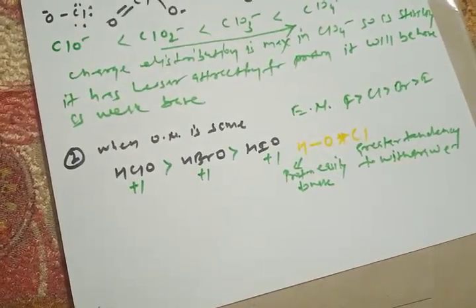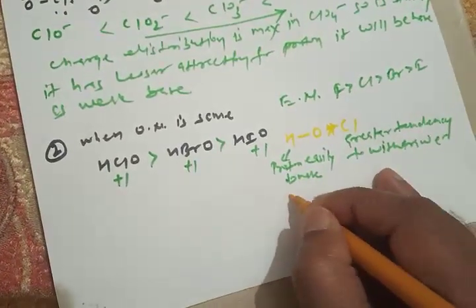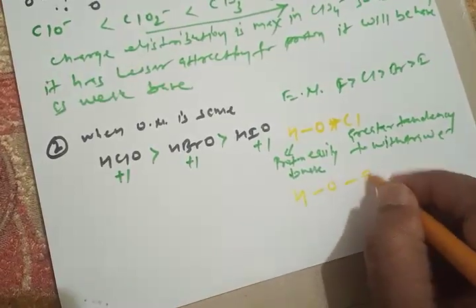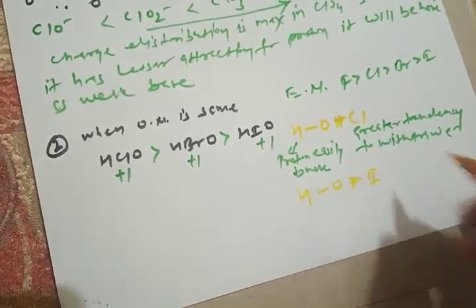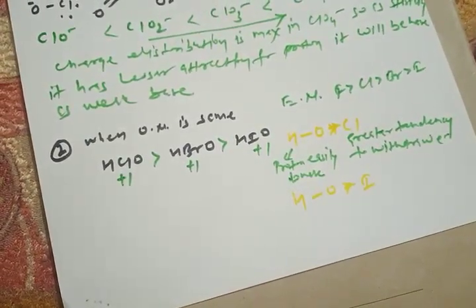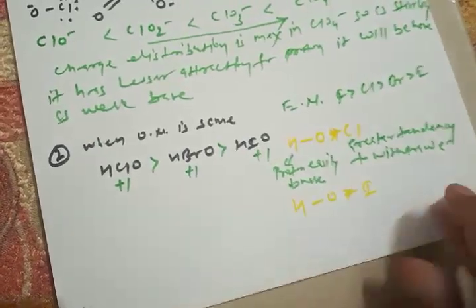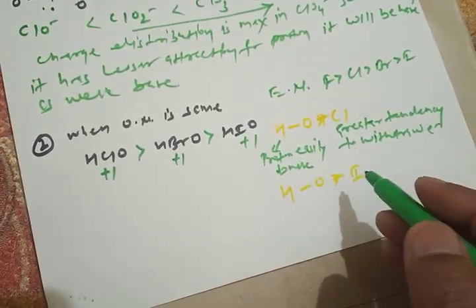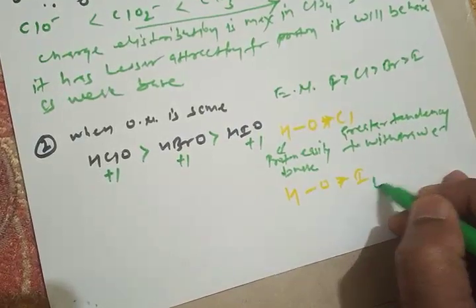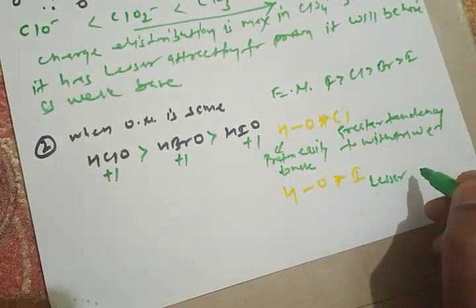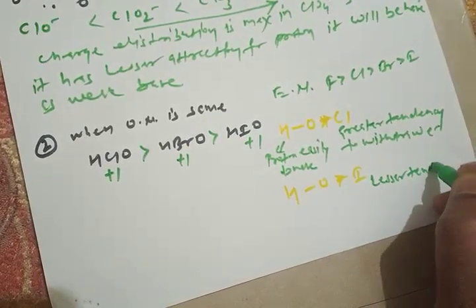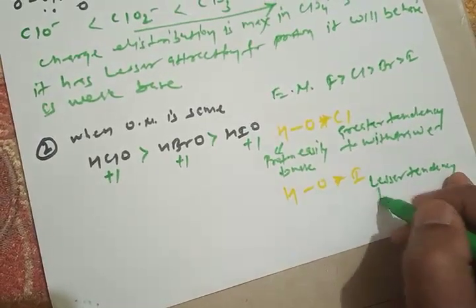Let's take another example, that is HOI. Here the electronegativity of iodine is lesser. So here what will happen, it has a lesser tendency to withdraw electrons.